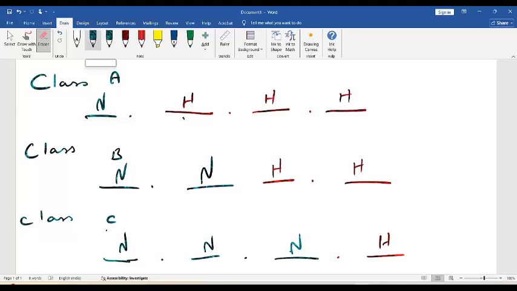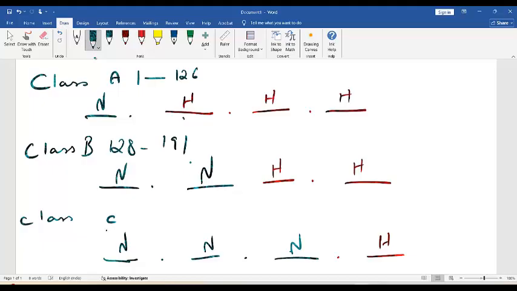Class A. If you see an address beginning with a number in this range, 1 to 126, that address is a Class A address. 128 to 191 is Class B. 127 is missing.